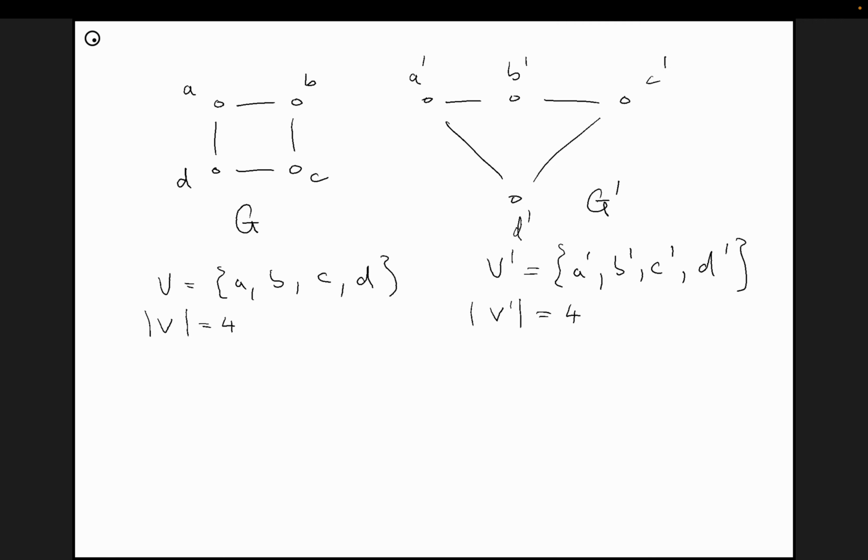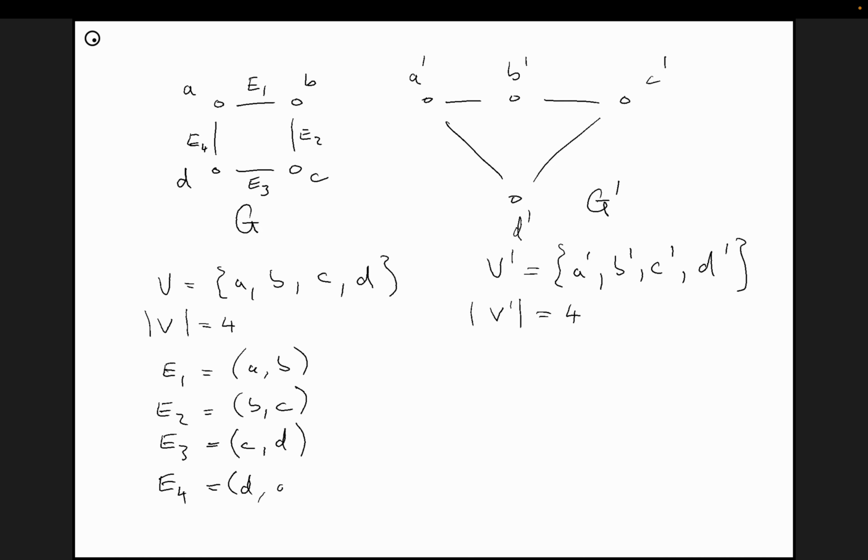This is very similar, and a graph also has the characteristic of this family of pairings. And here I've got E1, E2, E3, E4. So E1 is AB, E2 is BC, E3 is CD, and then we have E4, DA.